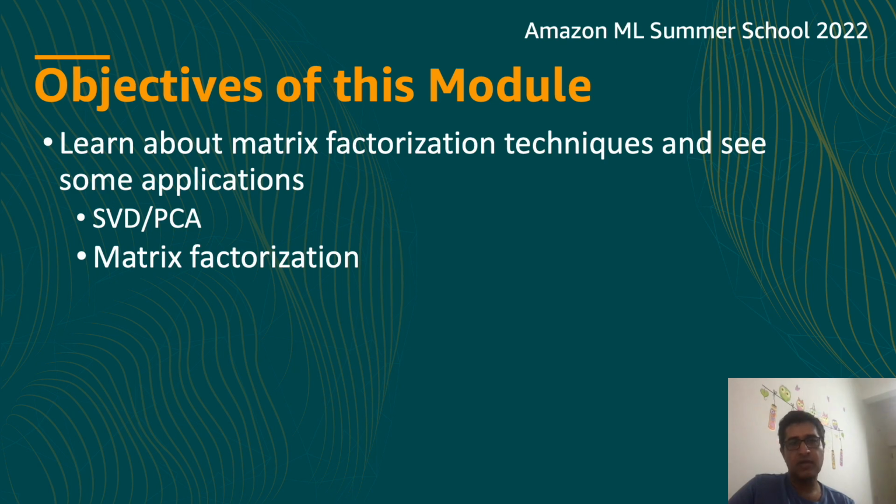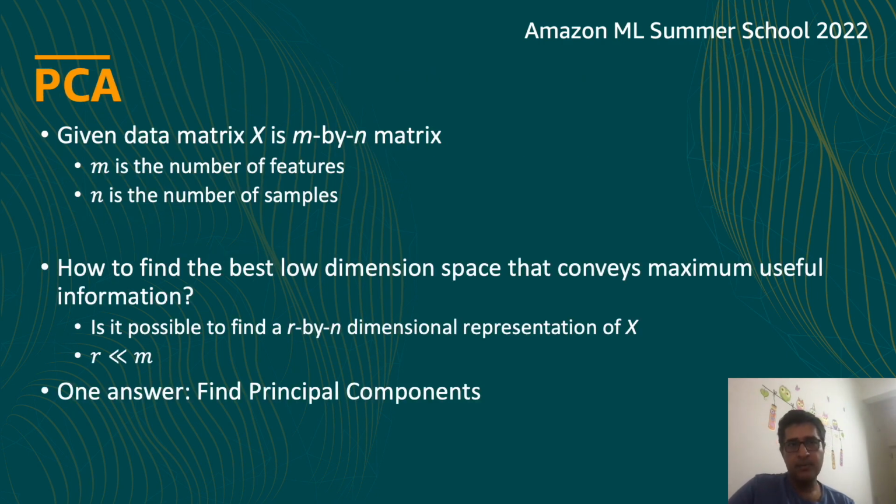Next, we come to principal component analysis. In principal component analysis, you have a data matrix which is m cross n in structure, and you are trying to identify a low dimensional representation that conveys the maximum information about this matrix.